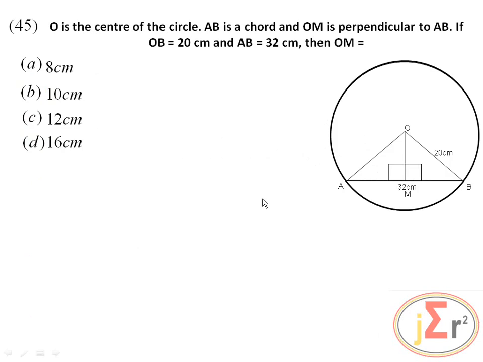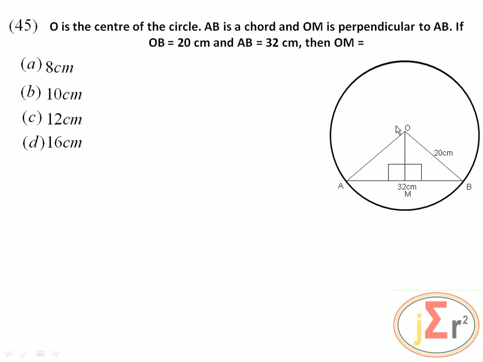This is the situation that we have in problem number 45. The length of AB is 32 centimeters. OB is 20 centimeters. Therefore, since OB is 20 centimeters and it is the radius of the circle, OA is also equal to 20 centimeters because it is also the radius of the circle.